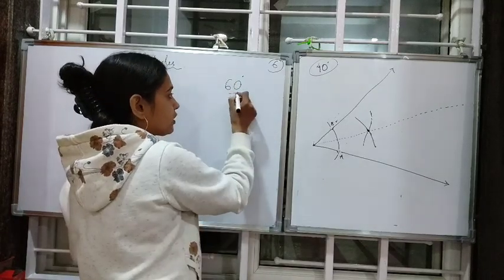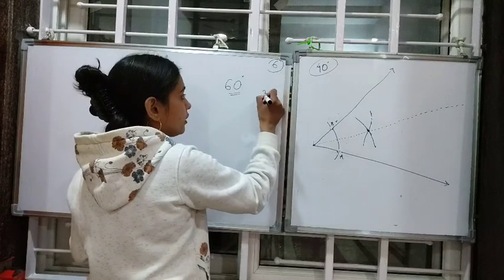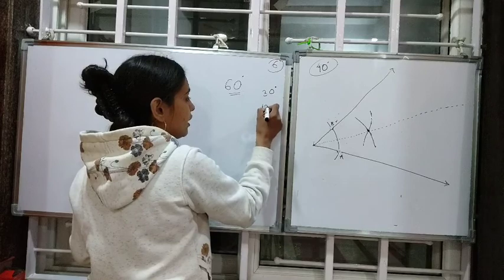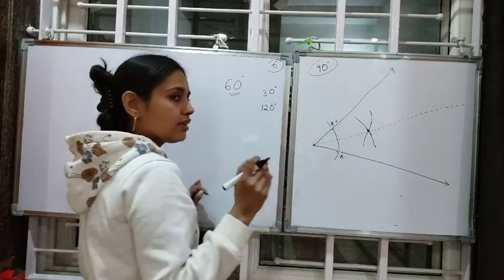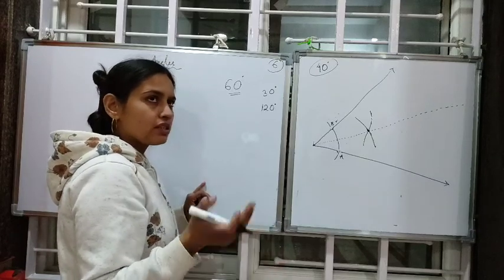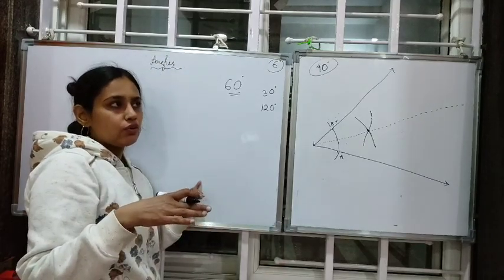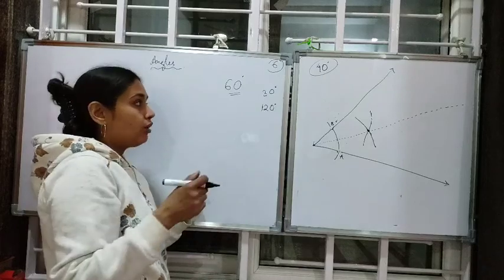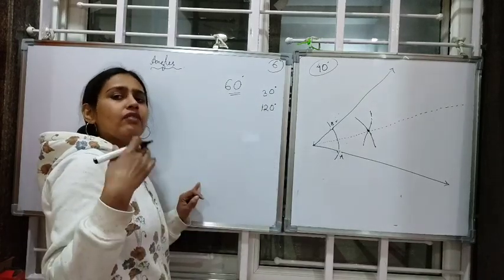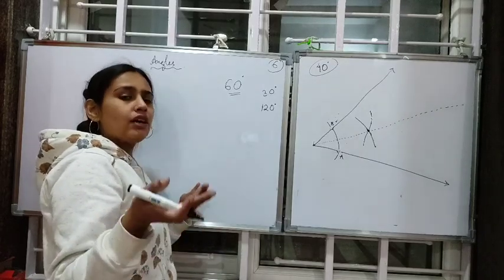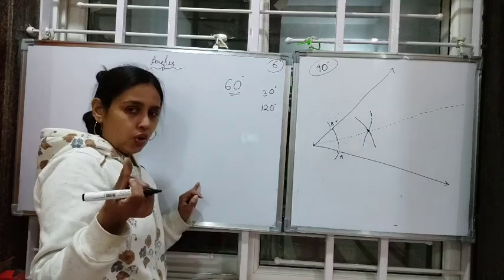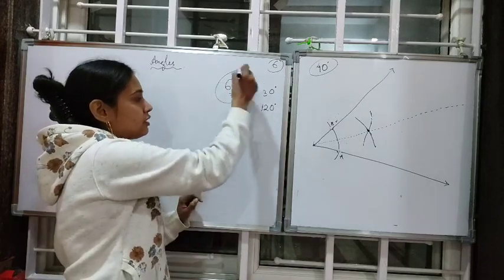Half of 60 is what? 30 degree, and double of 60 is what? 120 degree. Then there is 90 degree also, 45 degree also, and I think 75 degree also. Like this you can draw many more, but in our book it is 60 degree, 30 degree and 120 degree. When we go ahead in our next classes, we will be studying how to draw other special angles also. Okay, so let's start with 60 degree right now.